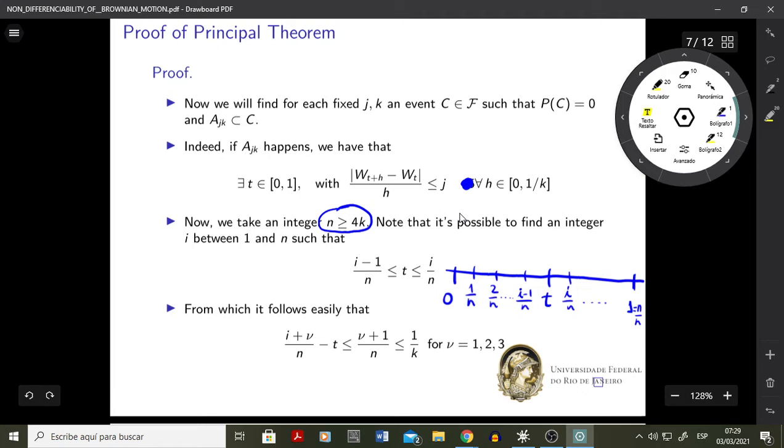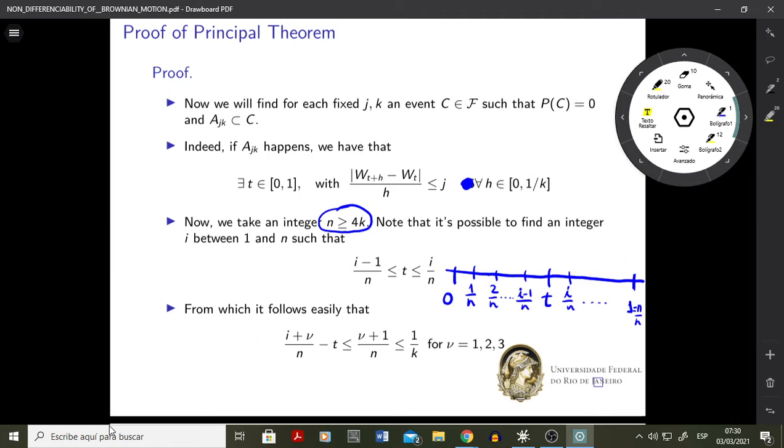So is it possible to find an integer i between 1 and n with this property? Also, it follows, kind of easily, that this inequality also holds for nu equal to 1, 2, and 3.